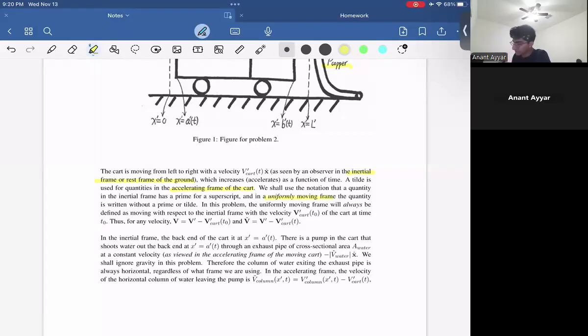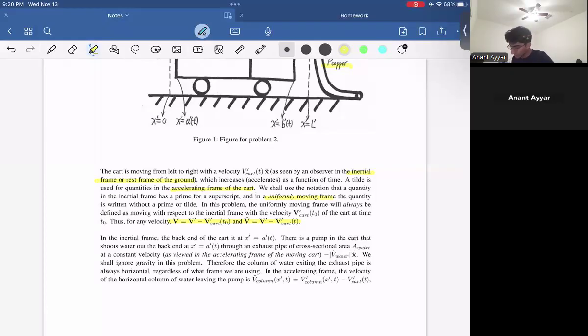I'll explain what each of those do in a second. We have these two formulas, which relate the accelerating frame and the constant velocity frame as a function of the inertial frame. Again, in the inertial frame nothing is moving, you just see the cart move.